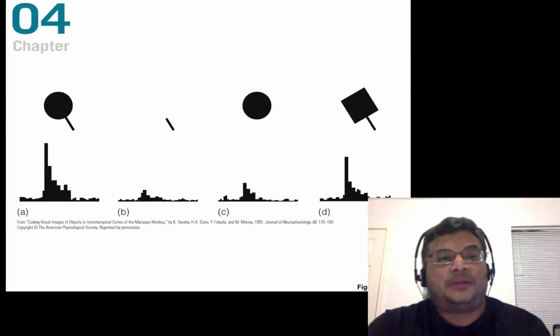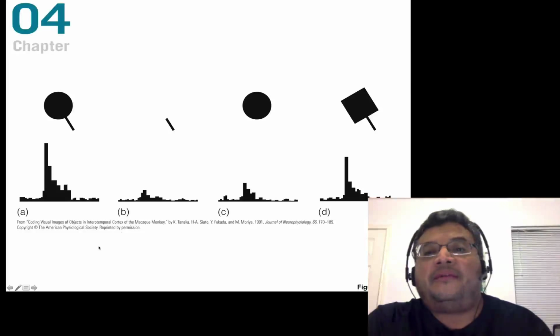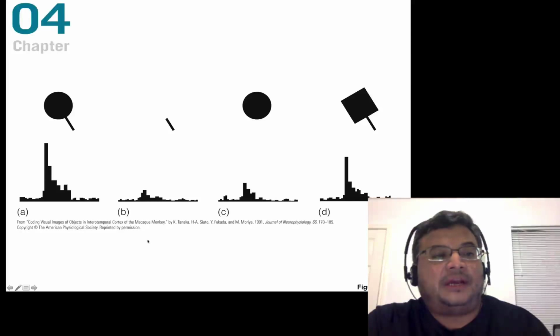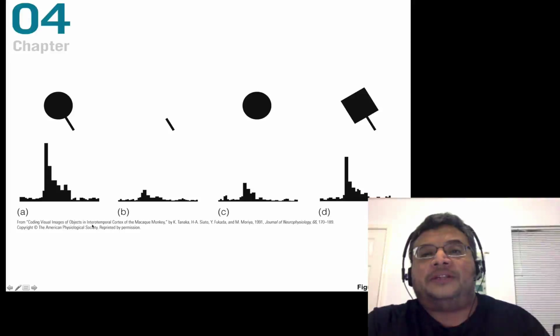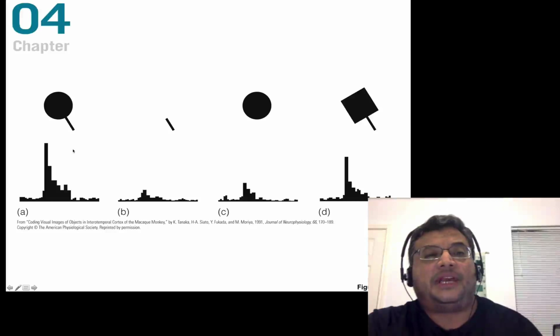Right. So here we have this image of neurons that are firing for very particular stimuli. Here we have a paddle with a stick attached to it, which causes great firing here. Then we have just the stick by itself.